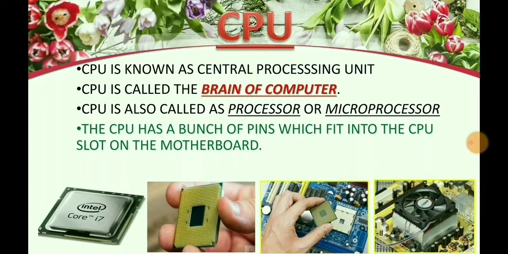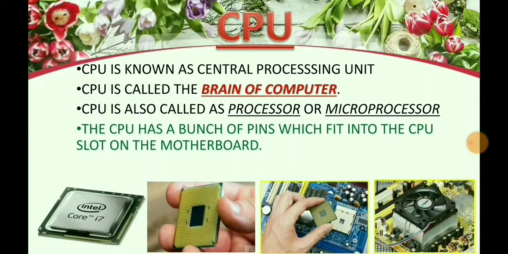Sometimes we call it as processor or microprocessor also. So CPU controls all the components of the computer system. All the activities of the computer are controlled by this CPU, and the CPU is a small rectangular metallic chip with a bunch of pins.